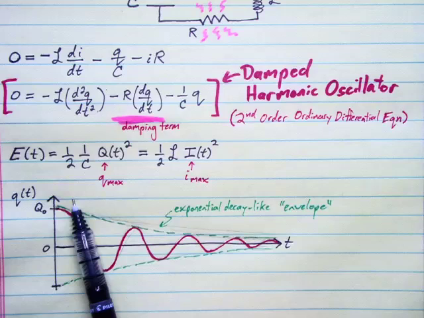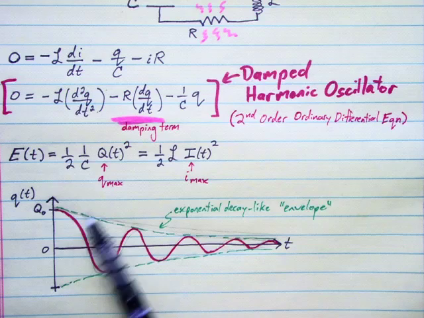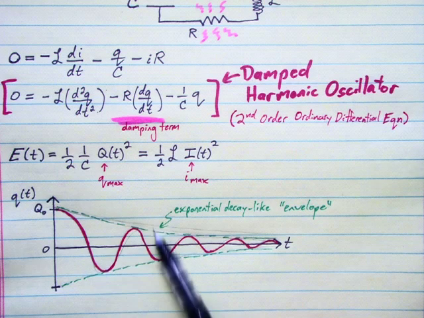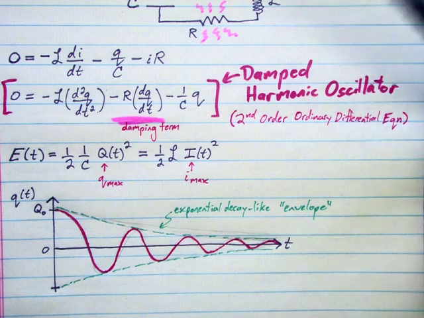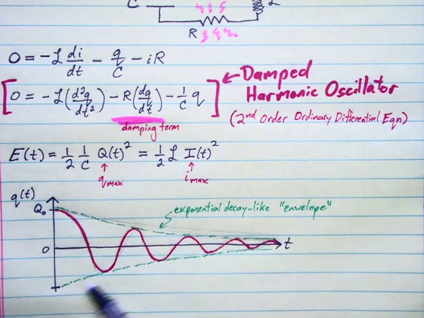And so our charge on our capacitor versus time behaves like this. The max Q is decreasing with time, so we have a damped oscillation. If the conditions are right, we get what we call an exponential decay-like envelope here.